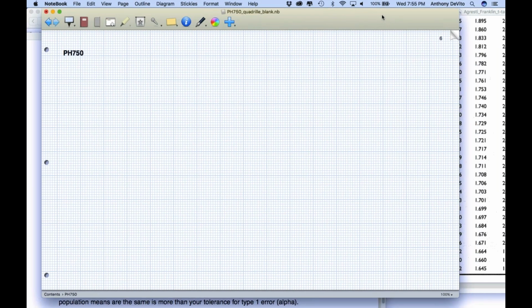Let's say I wanted to compare four ethnic groups in terms of their average total cholesterol. Let's say Caucasians, African Americans, Asian Pacific Islanders, Hispanics.